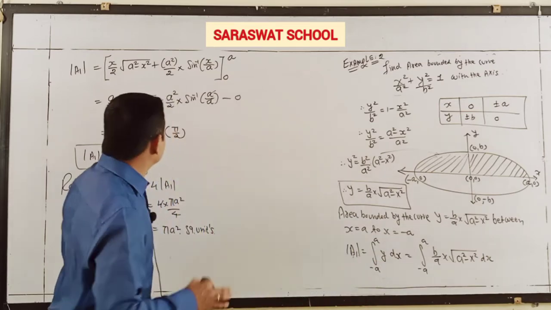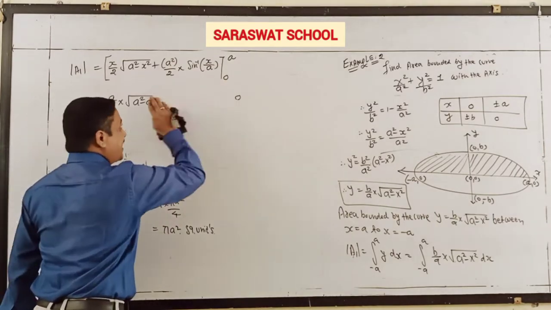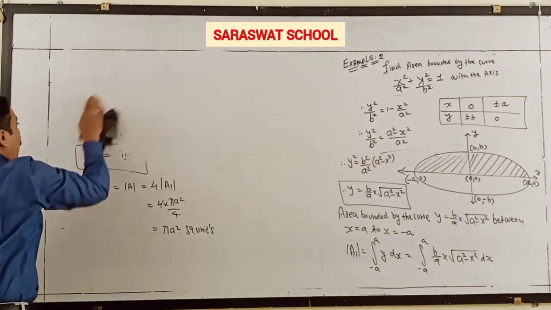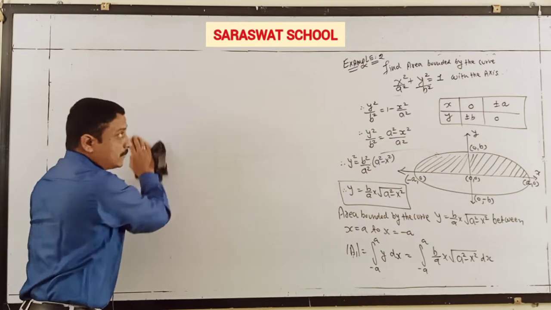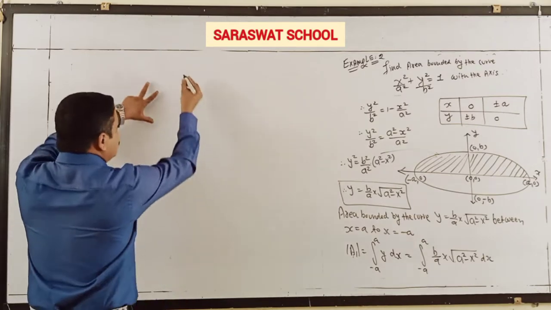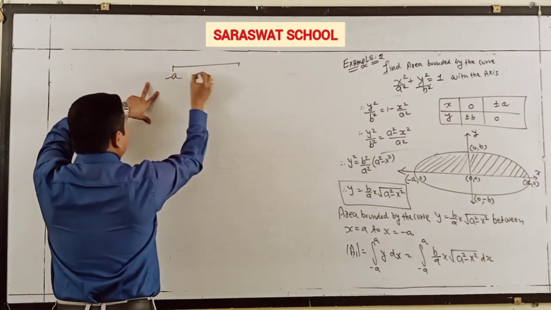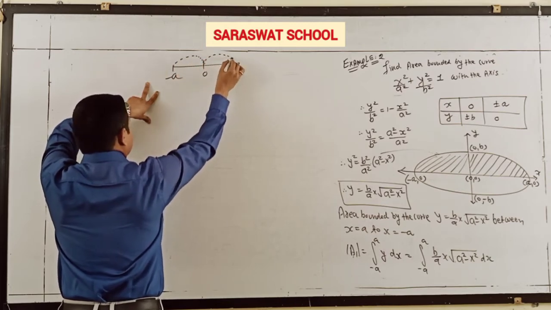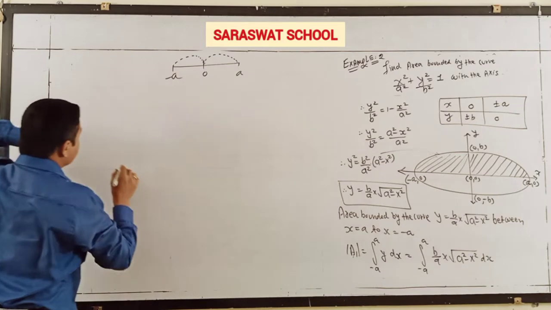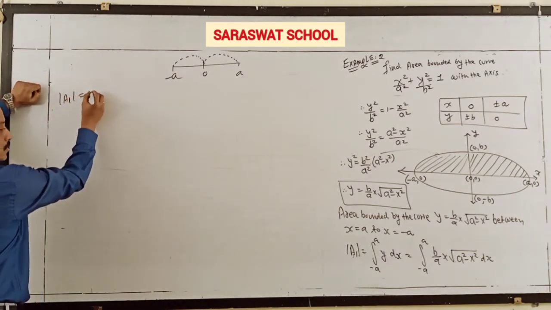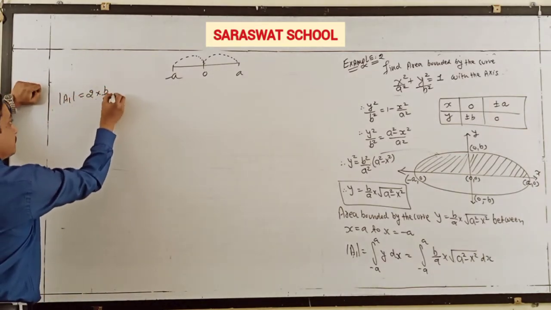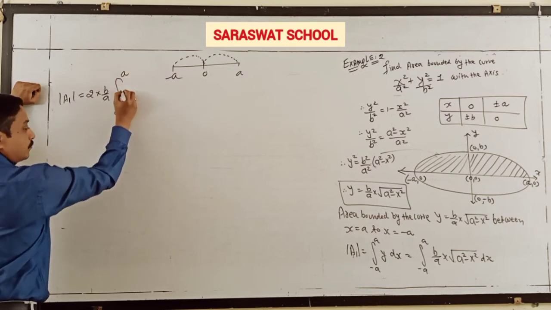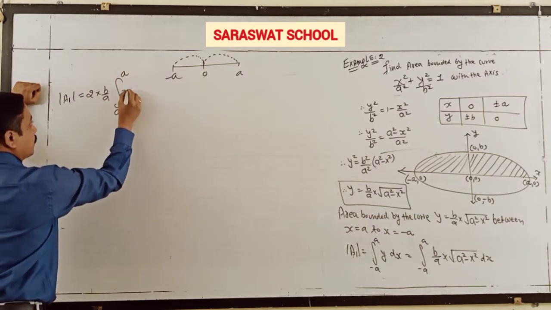It means this solution again coming here. So after that you just see, from minus a to a, I want to shape it in 2 times. So a1 area is 2 times b by a integral from 0 to a of under root a square minus x square.